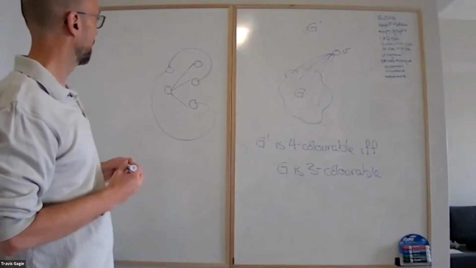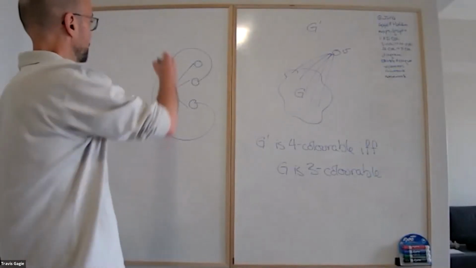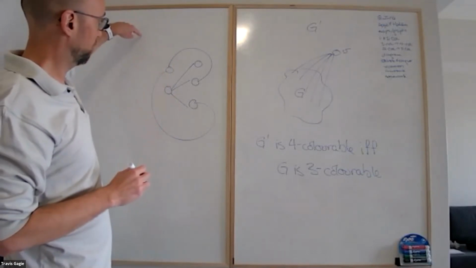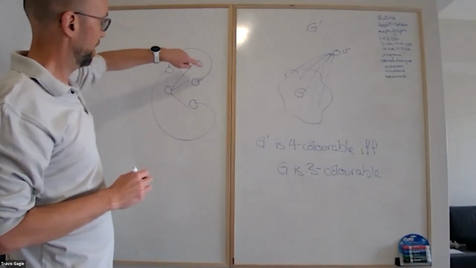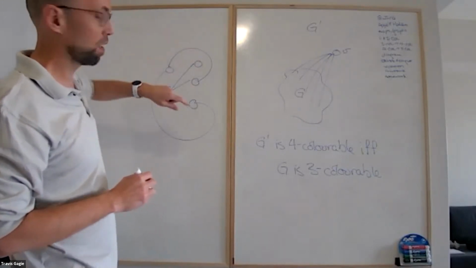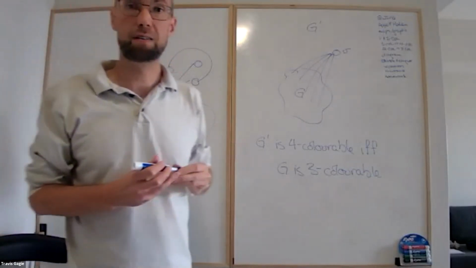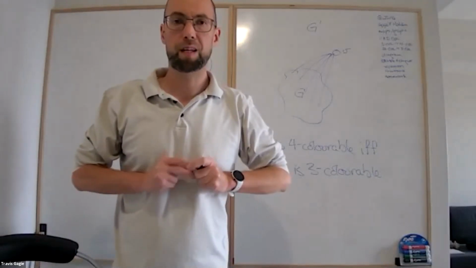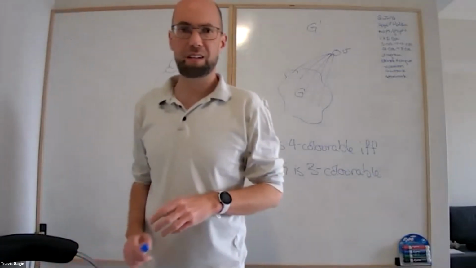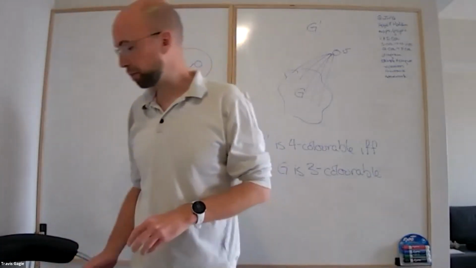Now if I add another vertex and connect it to everything else, then this becomes not planar. I should check that later.